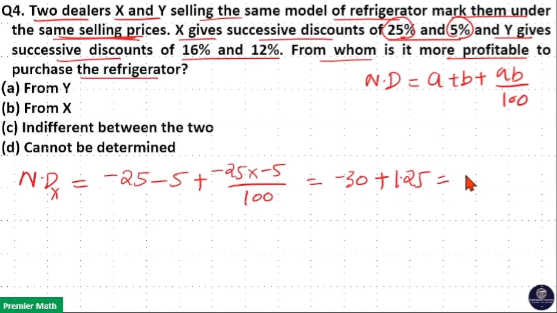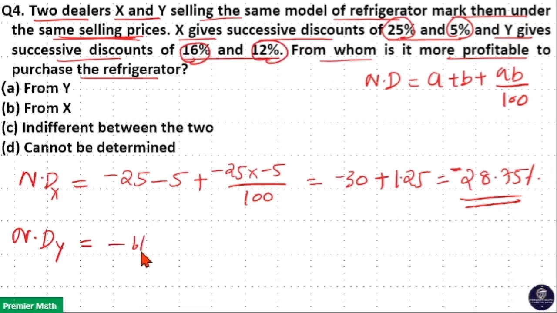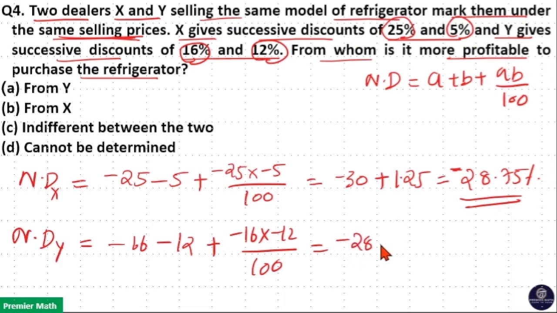So which is equal to minus 28.75. So minus 28.75 means discount of 28.75%. So net discount for Y: successive discounts are 16 and 12. So minus 16 minus 12 plus minus 16 into minus 12 divided by 100, which is equal to minus 16 minus 12, which is equal to minus 28.